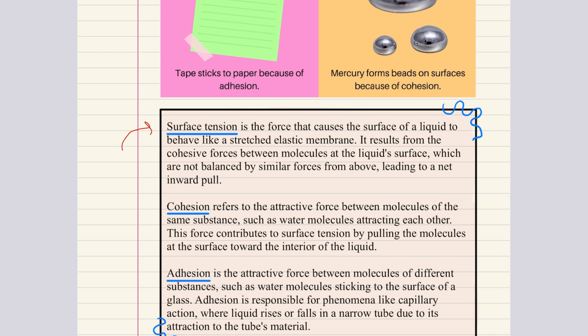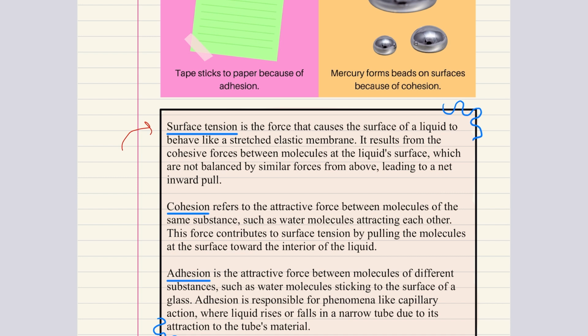Surface tension occurs because molecules at the surface of a liquid experience fewer intermolecular forces than those in the interior. Inside the liquid, molecules are surrounded by others on all sides, leading to balanced forces and lower potential energy. In contrast, surface molecules are only partially surrounded, so they experience a net inward pull from the molecules beneath them.